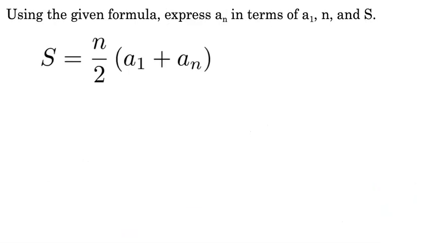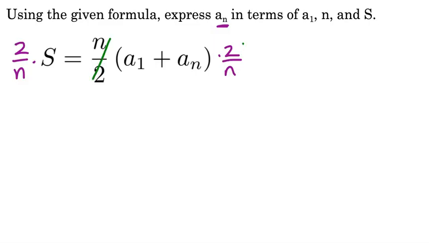So our last example, using the given formula, express a sub n in terms of a sub 1, n, and s. Again, we have subscripts here on the a variables. We're asked to solve for a sub n. So, first step we can take here is multiplying both sides by 2 over n. It's going to be the most direct way to do this.